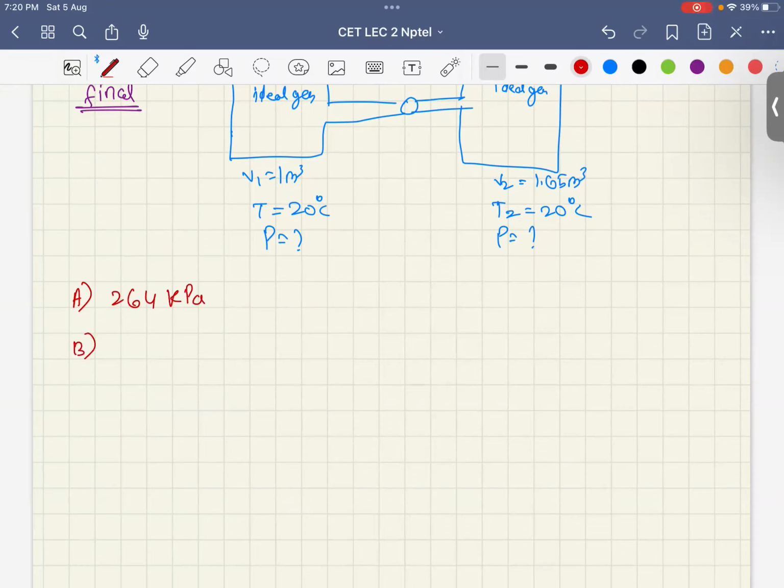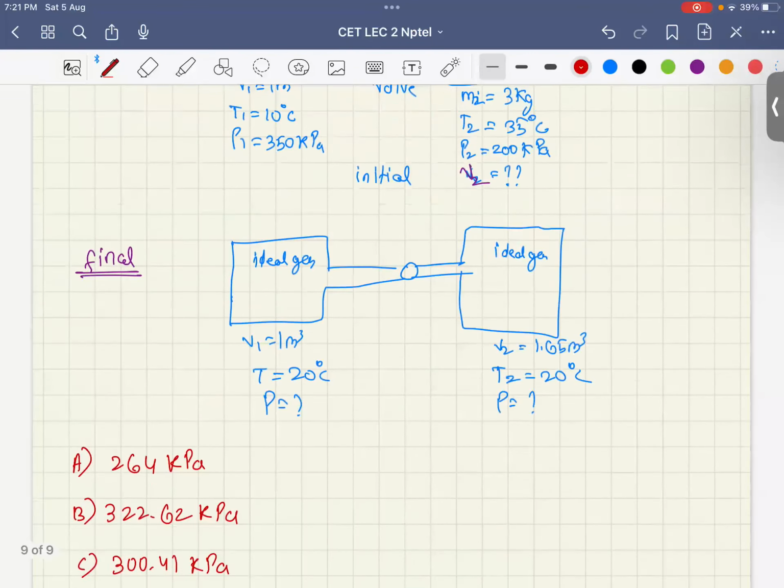Option B is 322.62 kPa. Option C is 300.41 kPa, and option D is 250.32 kPa. Okay.